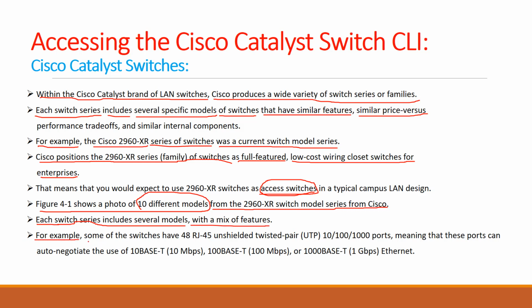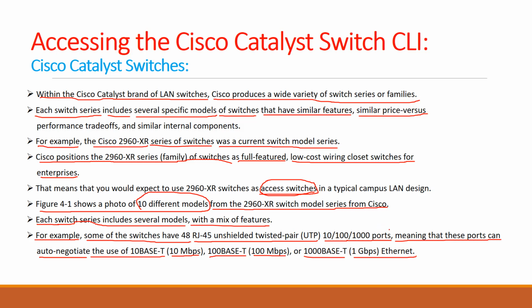For example, some of the switches have 48 RJ45 unshielded twisted pair 10/100/1000 ports. This means some switches have 48 Ethernet ports, and some switches have 24 RJ45 UTP Ethernet ports, meaning that these ports can auto-negotiate the use of 10BASE-T, 10 megabits per second, or 100BASE-T, 100 megabits per second, or 1000BASE-T, 1 gigabit per second Ethernet.